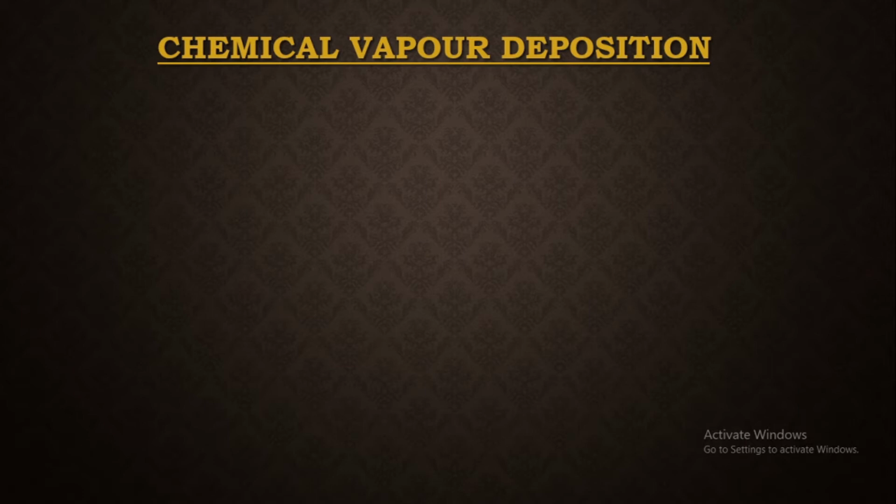In the name itself there are three terms: chemical, vapor and deposition. Chemical represents the chemical reactions taking place in the reaction chamber. Vapor means the target materials are mainly in gaseous form, and deposition is with respect to thin film deposition, which is our final destination.